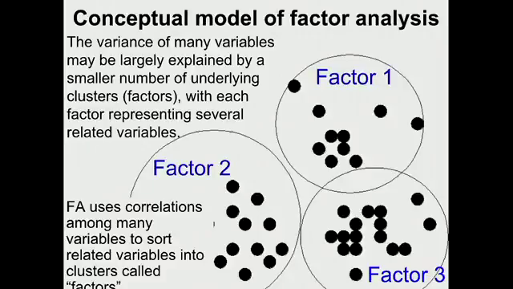So we end up calling these clusters, or these sets of correlated variables, factors. Okay, and there might be one factor, there might be lots of factors, there might be something in between. That's part of our goal, is to discover what these factors are, which items belong, and what these factors represent.